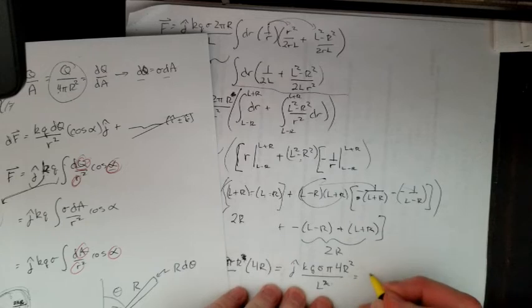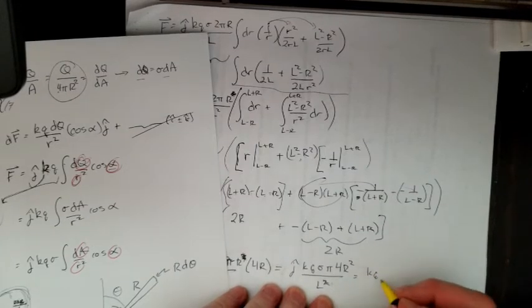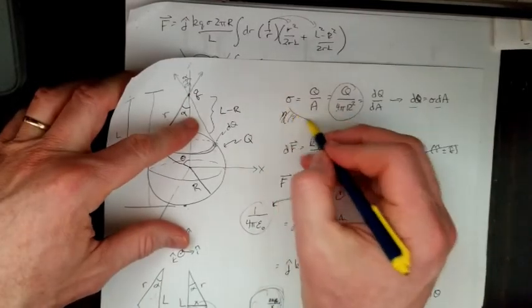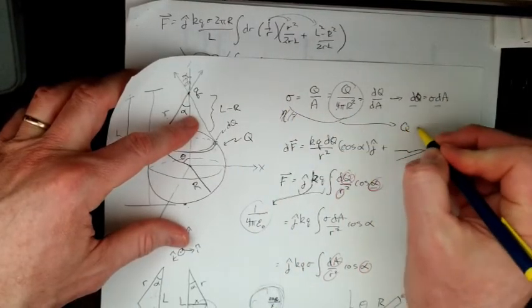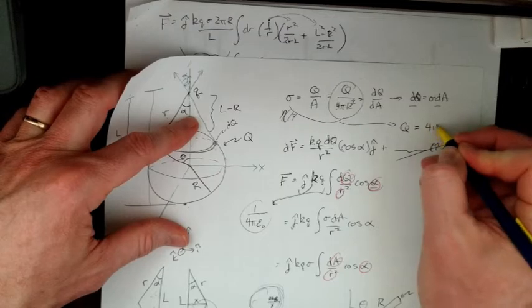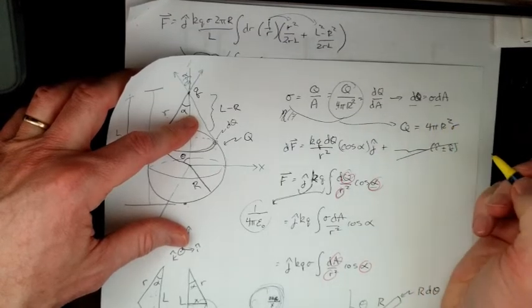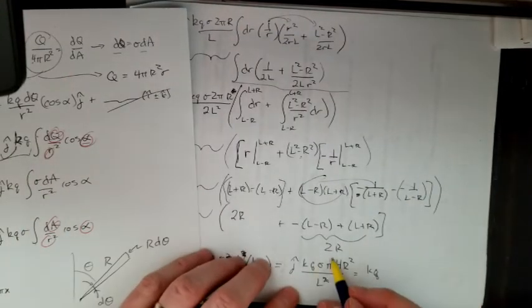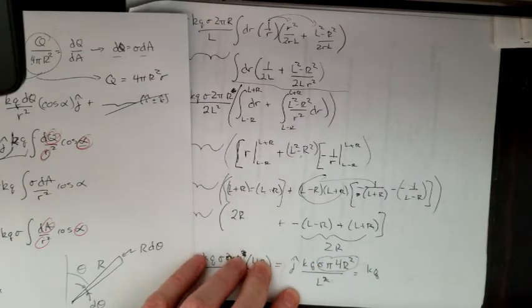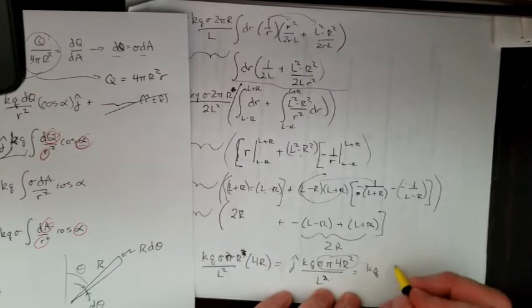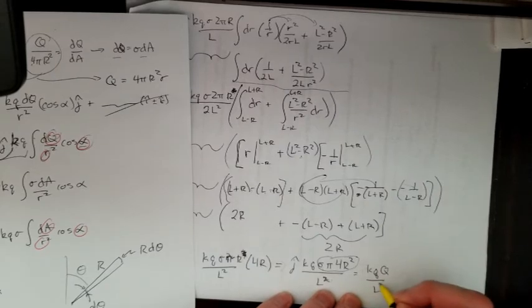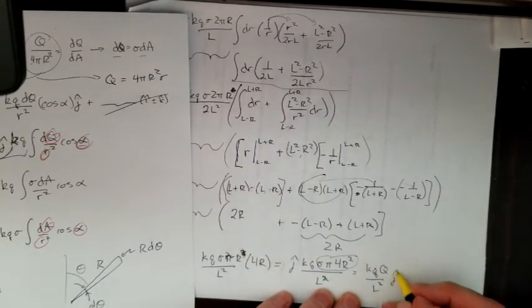And so this becomes KQ, well, we can do it slightly more sophisticatedly. So from this right here, we have Q is equal to 4 pi r squared sigma. And I just happen to have 4 pi r squared sigma right there, slightly different order. So I get K little q, big Q over L squared, J hat.